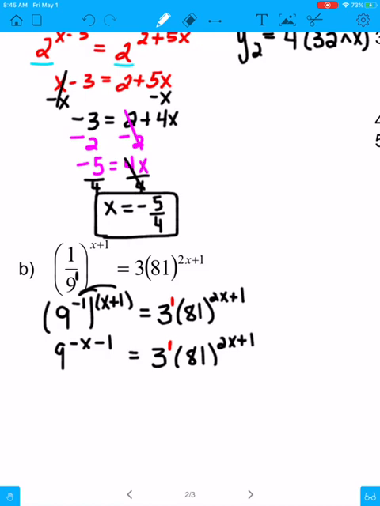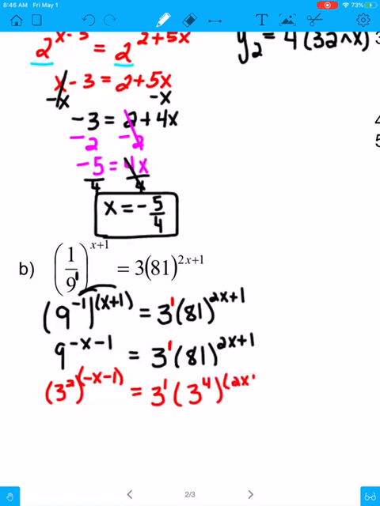Okay, I have 9, I have 3, I have 81, and I need to make them all be the same base. What base I can make them all be is 3, and you'll get better at this as you practice. So 9 is 3 squared, negative x minus 1, and I'm going to put it in brackets so I don't forget to distribute. 3 is to the power of 1, and 81 is 3 to the power of 4.